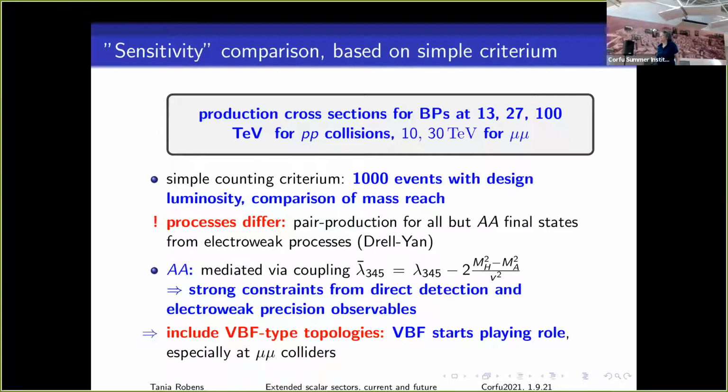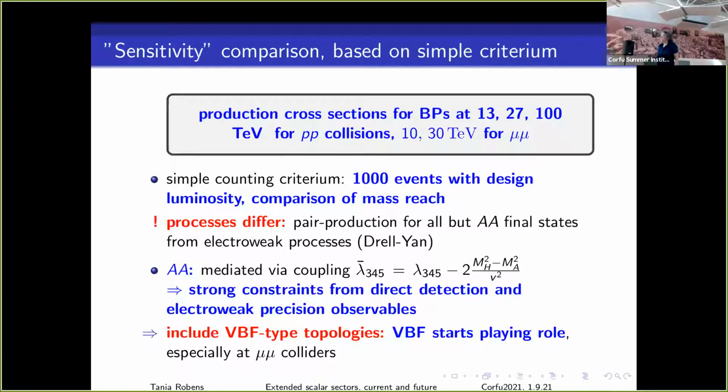This is really very preliminary, I would say, because we didn't do detailed analysis for most of these colliders. So we look at the production cross sections for these benchmark points we devised at 13, 27, 100 TeV for pp, and at 10 and 30 TeV for mu mu. And then we devised a simple counting criterion saying what is the cutoff for the cross section to have 1000 events with the official design luminosity of the machine, and we compare the mass reach.